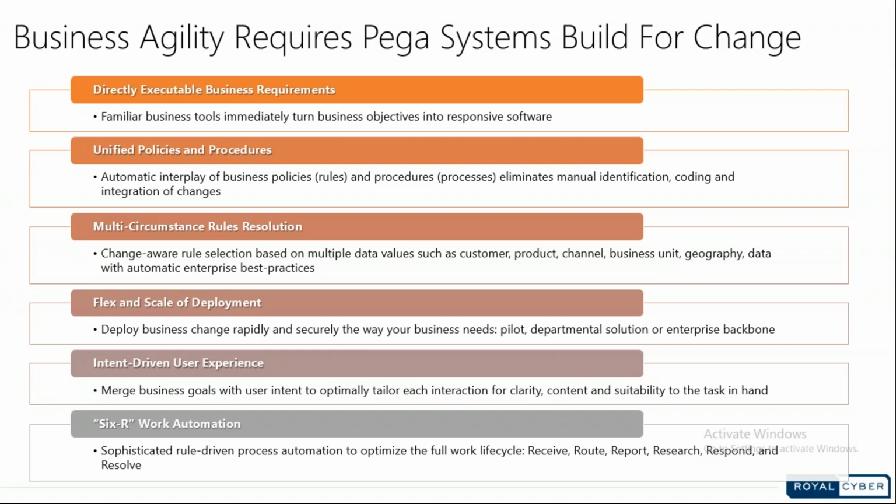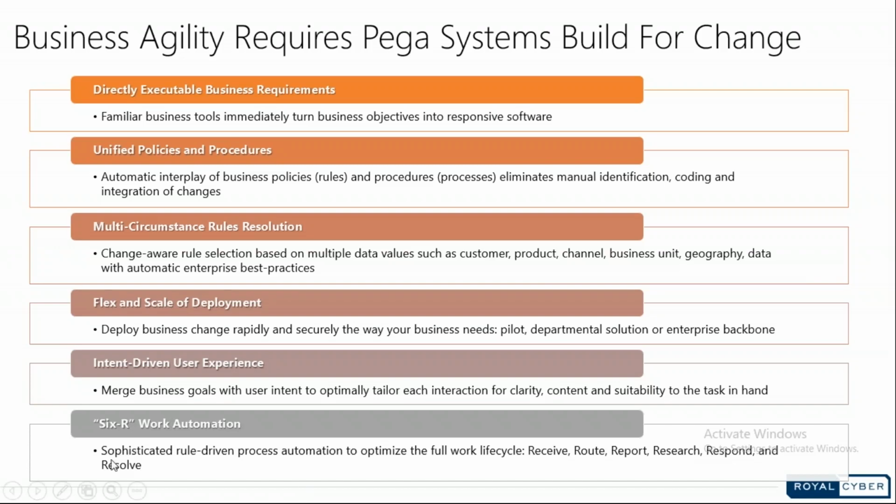The UI is one of the major advantages of Pega. The content will be clear, and whatever content we build will be suitable for the task we are working on for the business need. And the last one is sophisticated rule-driven process automation to optimize the full workflow life cycle.